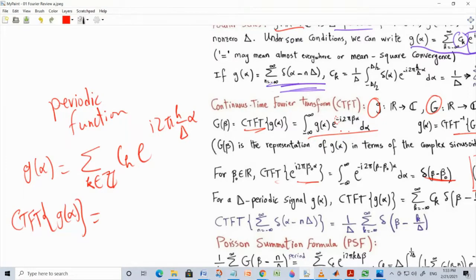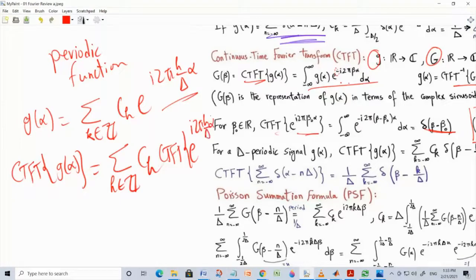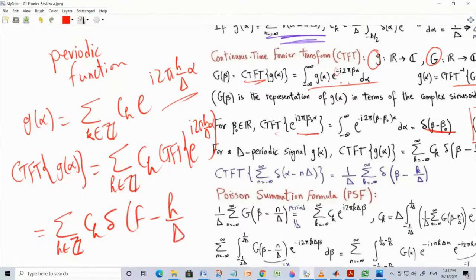But if this interchange is valid, you can apply the CTFT to each term on its own. So you can take the CTFT of e to the i 2 pi k over delta alpha, which is a complex sinusoid at frequency k over big delta, and so the CTFT will be a Dirac delta at k over big delta.